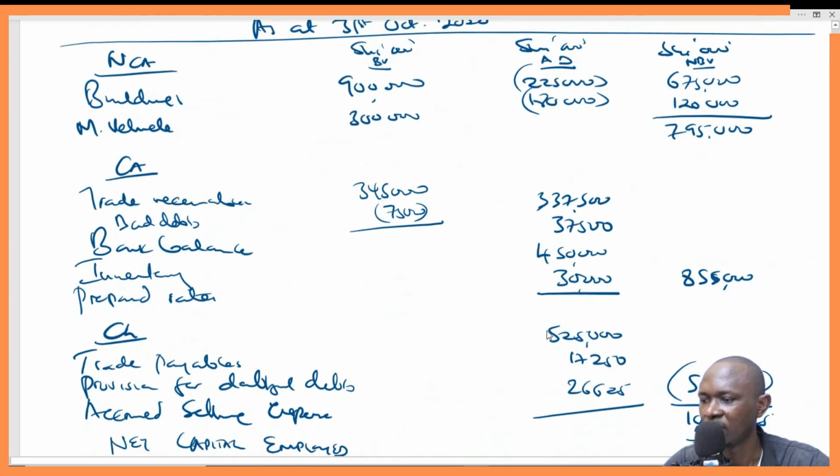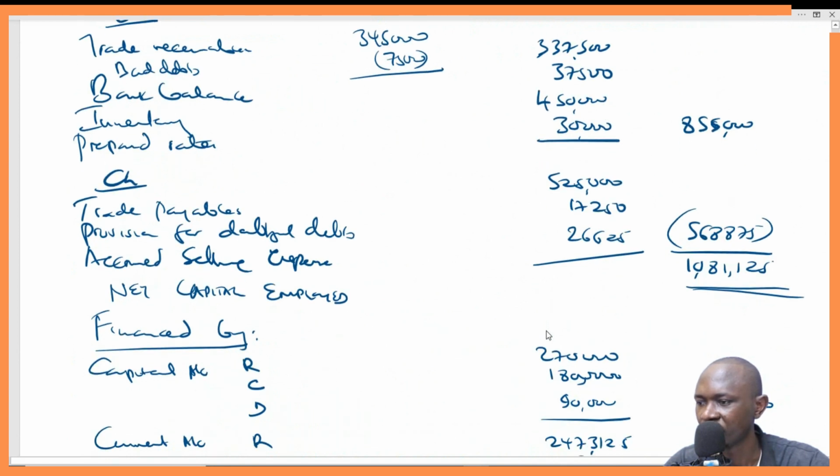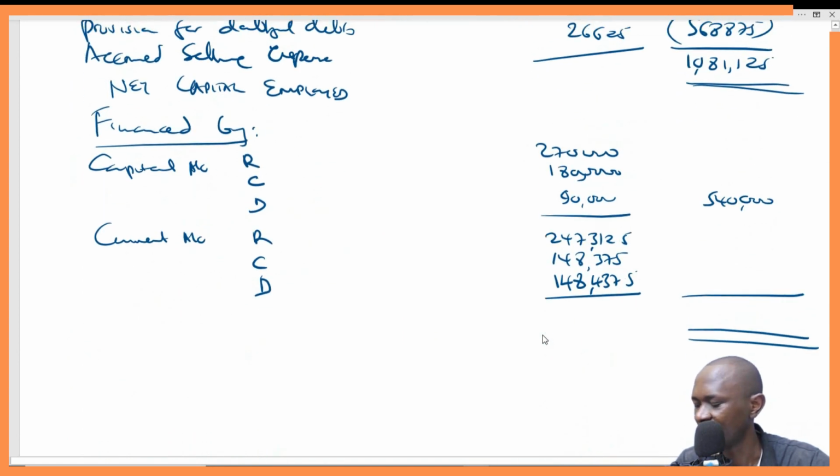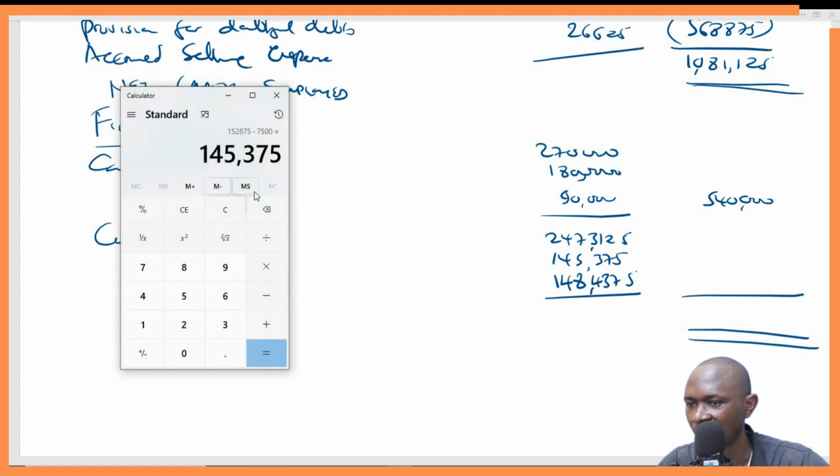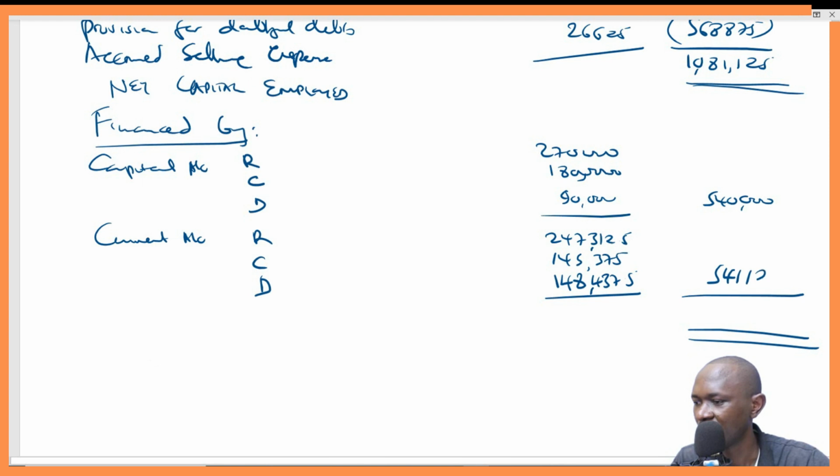It's not going to affect any other figure. It will only affect here. And I must say that we have been lucky because 145,375 plus 247,312.5 plus 148,437.5 is equal to 541,125. Now this one looks like it's 541,125.